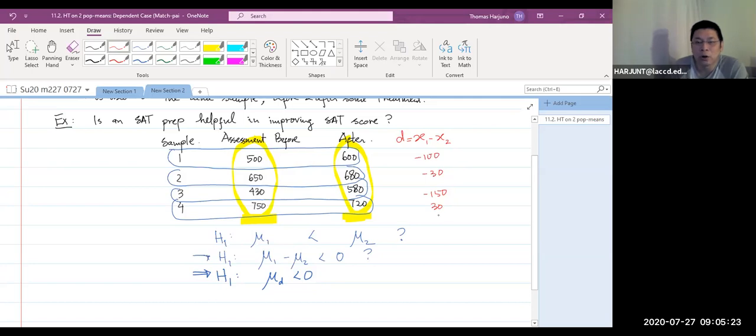Later on, from this data, we'll be able to find the sample mean of the differences and the sample standard deviation of the differences.